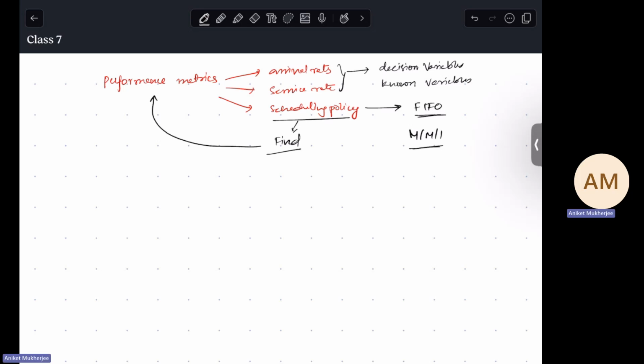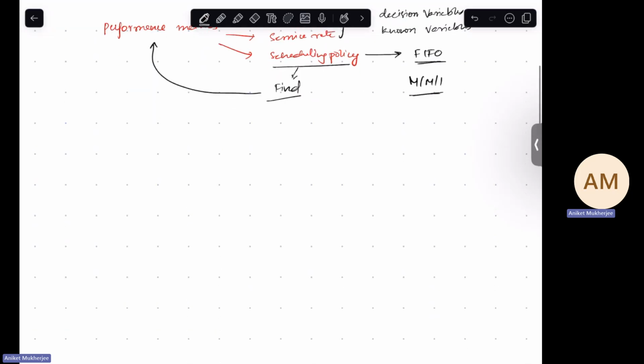But scheduling policy is basically some action that you take, where you decide which of the flows to serve. So scheduling policy usually comes when there is more than one flow and more than one queue.